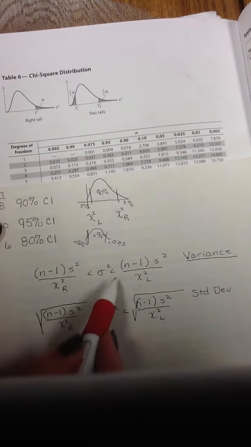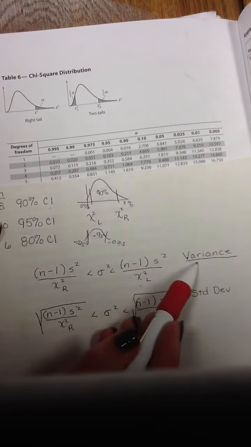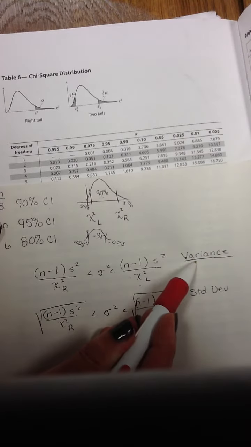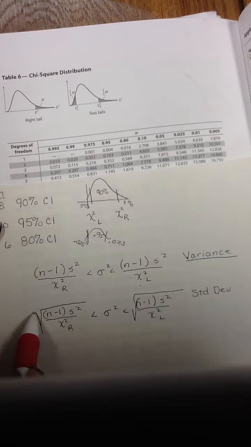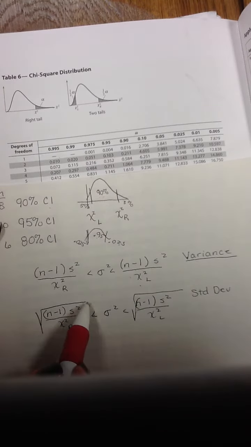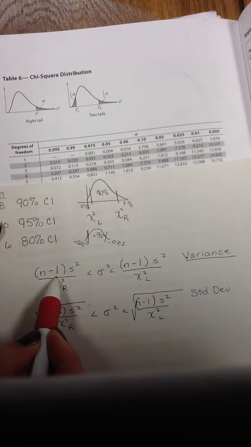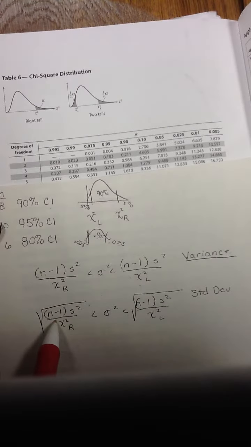So putting these into the formula just like this, you'll have a confidence interval based on the variance. Since the standard deviation is just the square root of the variance, all you have to do is take the square root of that first answer for the standard deviation.